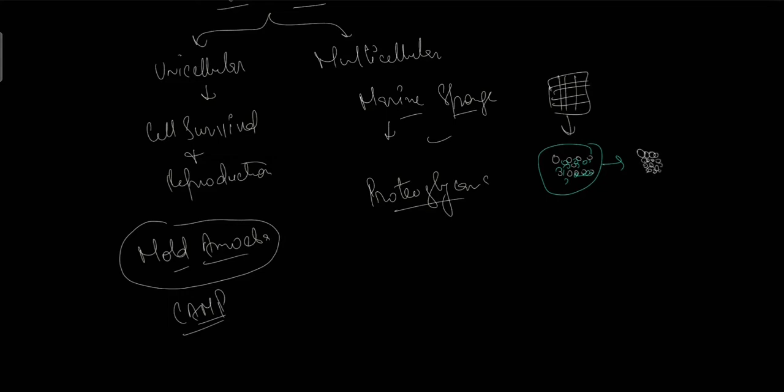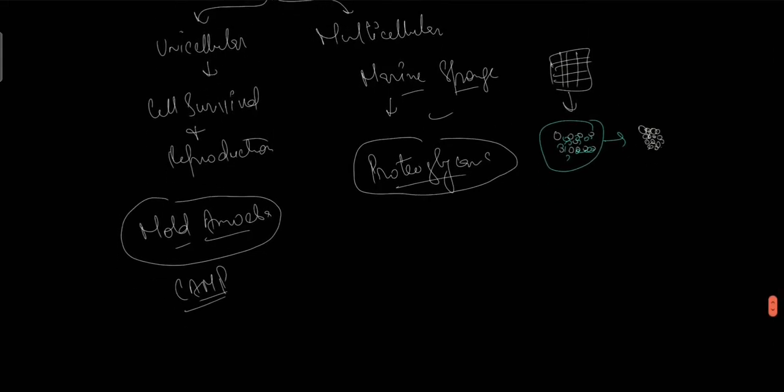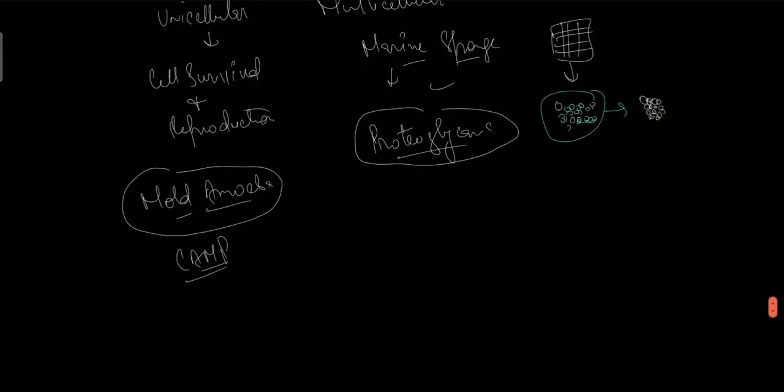It is because all of these cells hold these proteoglycan receptors, and because of these receptors they identify their own cells and bind to them. So this is an example of how multicellular organisms recognize their own cells.